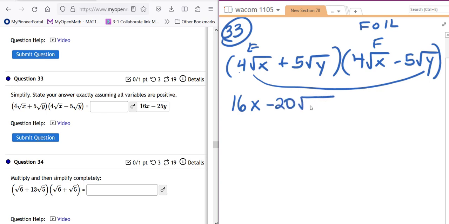And square root, x and y are going to go underneath the radical. All right, and then inside, your 5 and your 4 are plus 20, and you have xy on the inside. And then last, minus 25, square root of y times square root of y takes the radical off. All right.